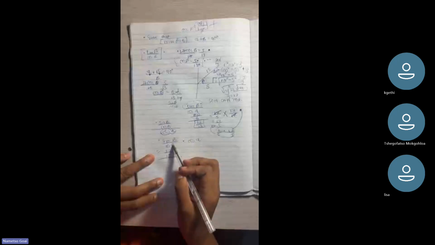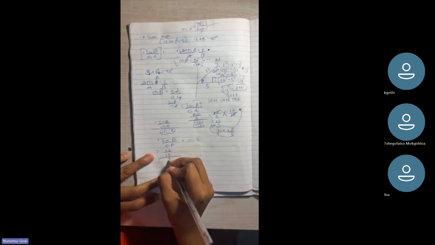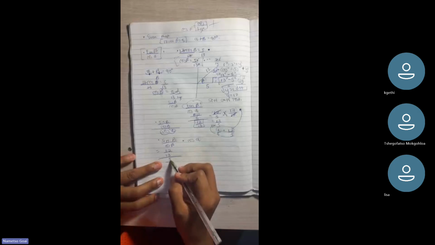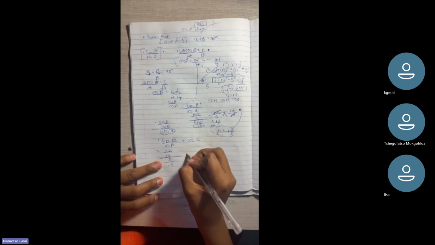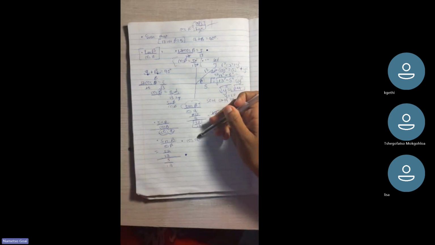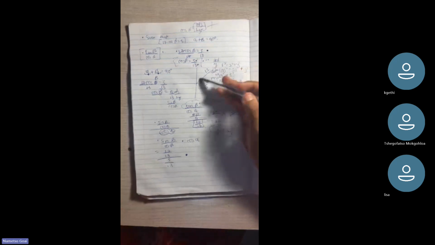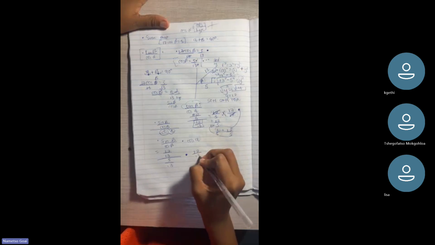All divided by what? What is cos of beta? Adjacent over hypotenuse. So it's going to be 5 divided by 13, right? All multiplied by, what is cos alpha? Adjacent over hypotenuse. This is 12 all over 13.